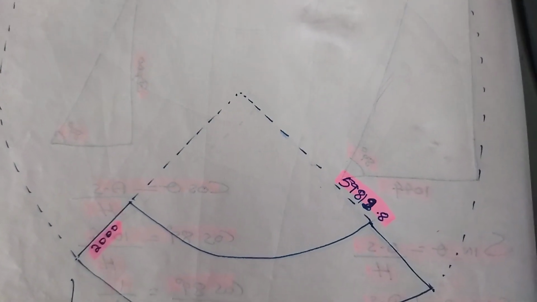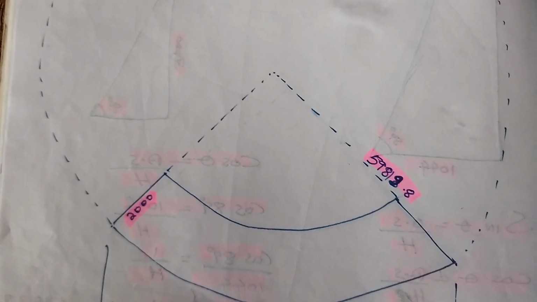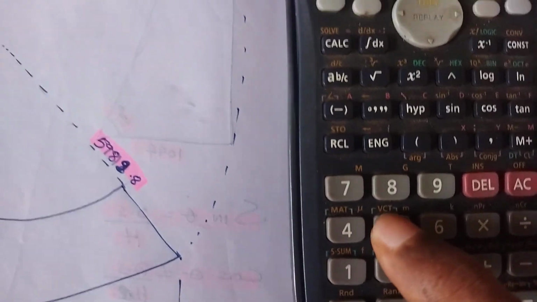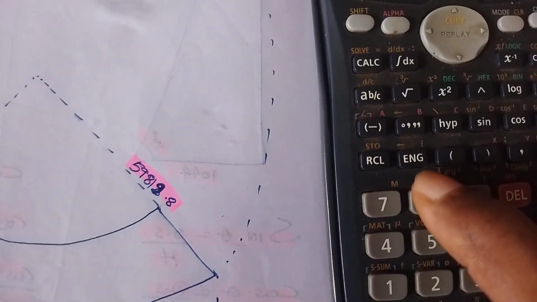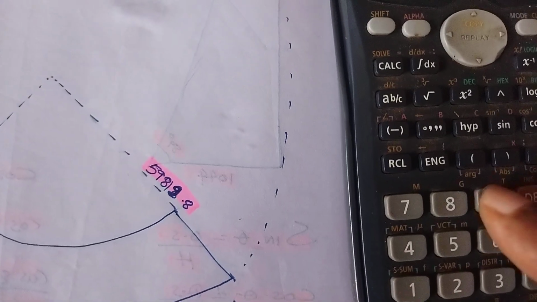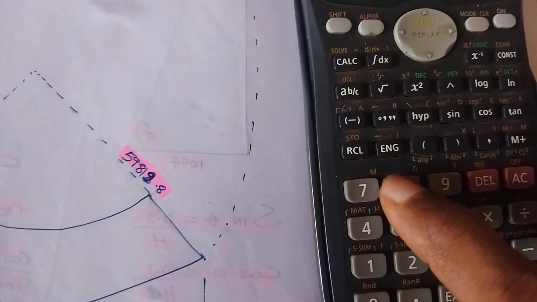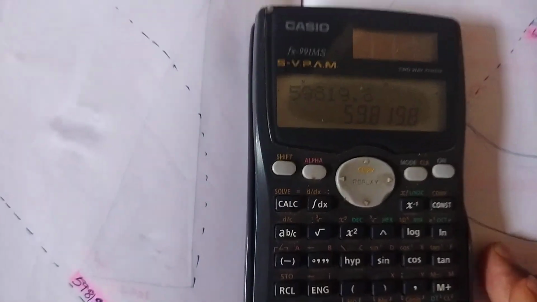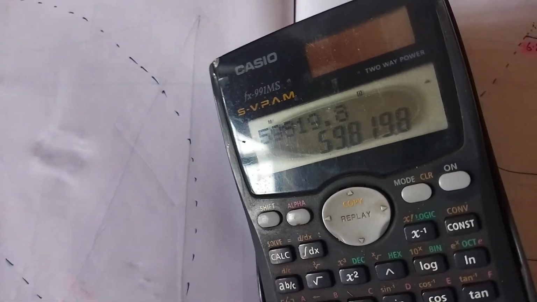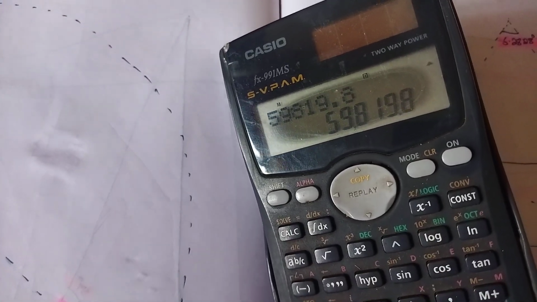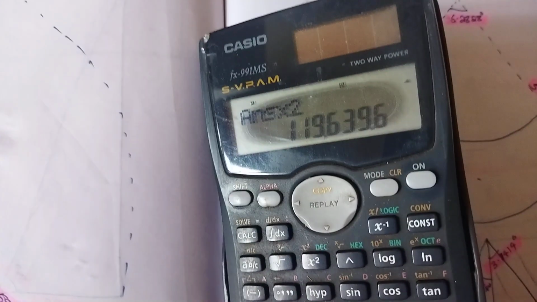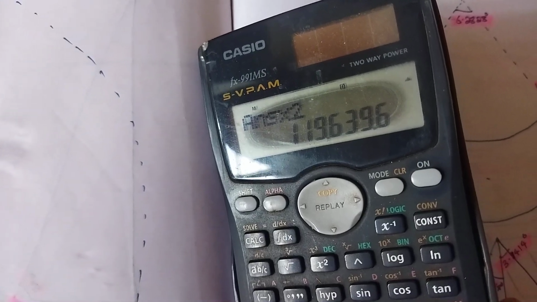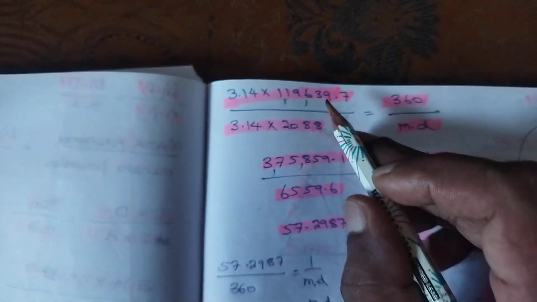You can just use your calculator and double this measurement. 59,819.8 into 2 is equal to 1,19,639.7.